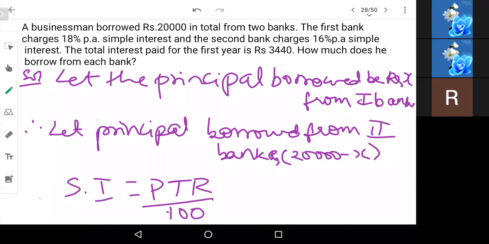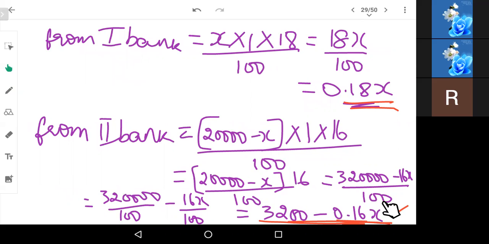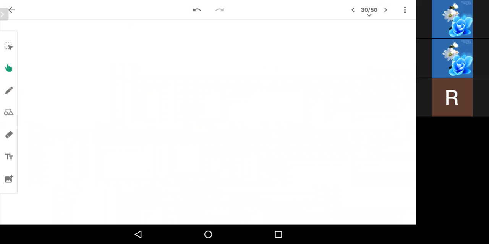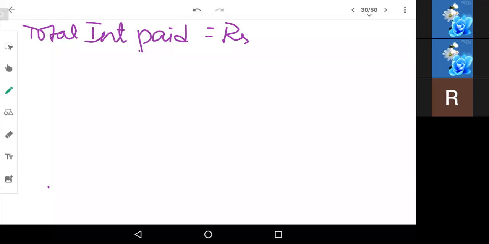Good. Now, see this sentence. The total interest paid for the first year is 3,440. So from the two banks, if you add both of the interest, you are supposed to get rupees 3,440.